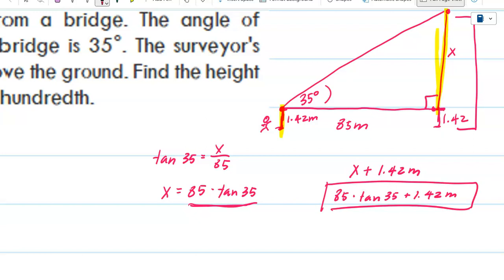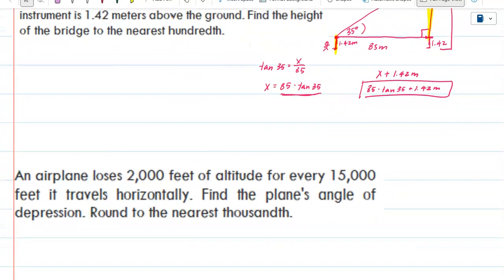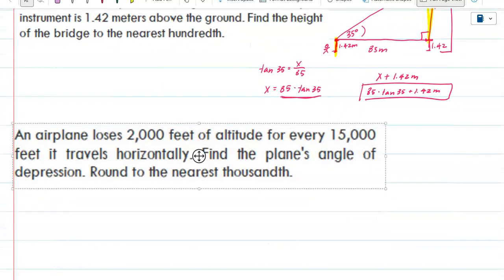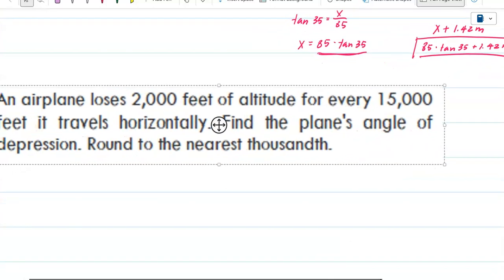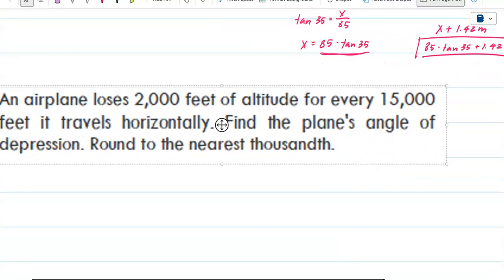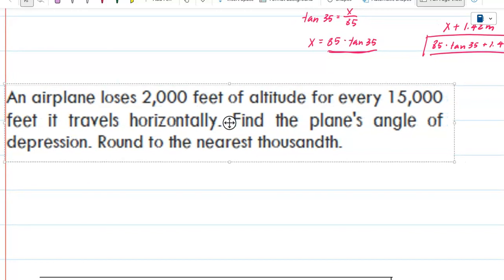Okay, if I want the exact value, that's what I'll ask for. It says an airplane loses 2,000 feet of altitude for every 15,000 feet it travels horizontally.